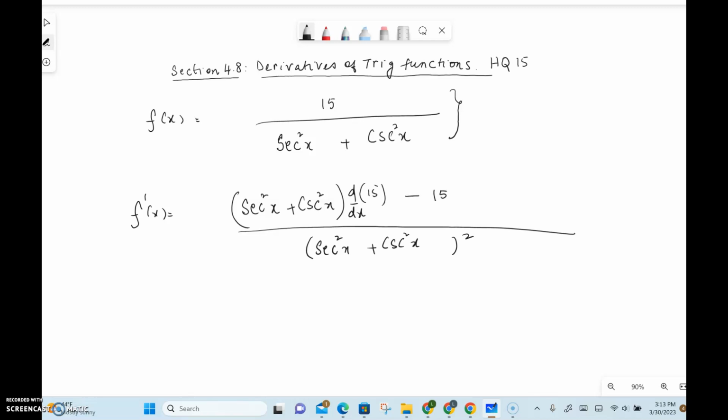minus the numerator times d by dx of the denominator, which is secant squared of x plus cosecant squared of x. So this is equal to, so d by dx of 15 is 0, and 0 multiplied with anything is 0, minus 15, and now we differentiate.